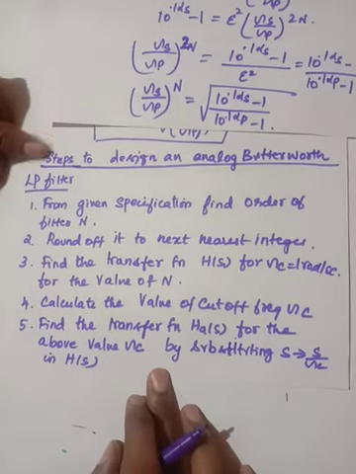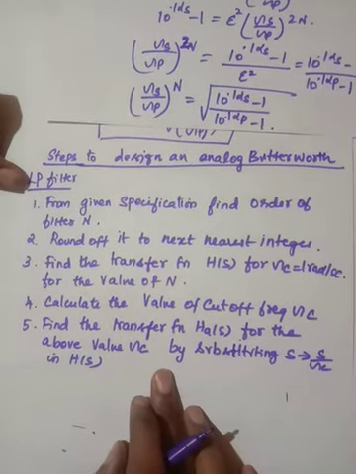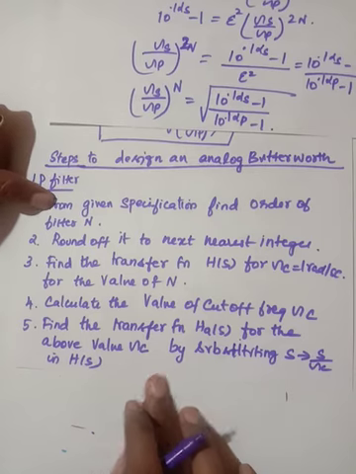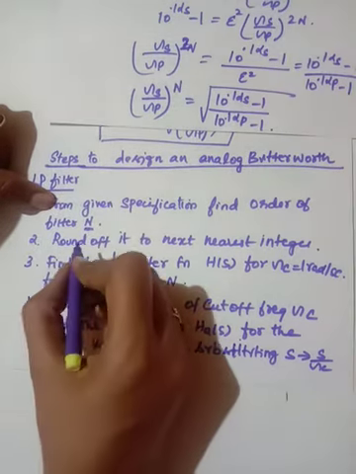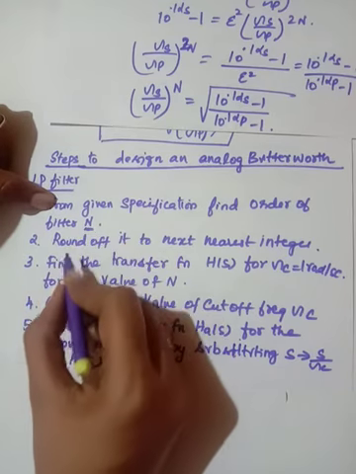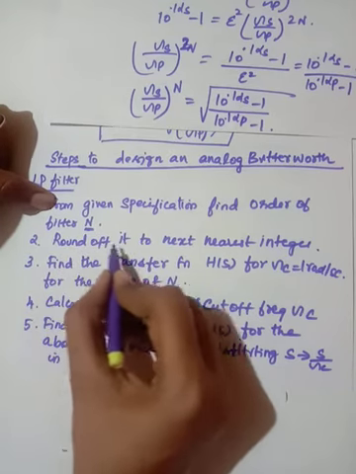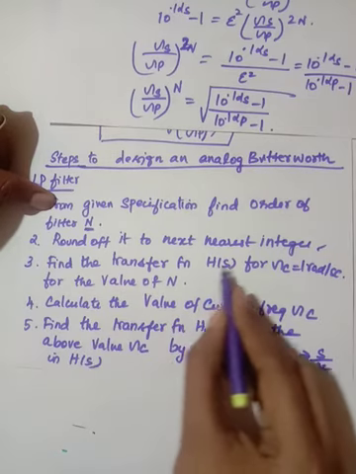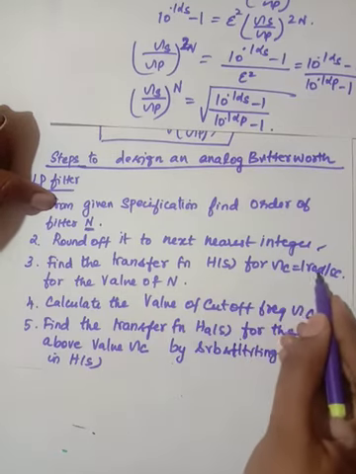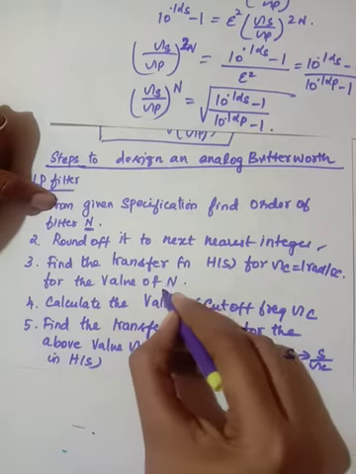Now these are the design steps to design an analog Butterworth filter. They will give the specification. From the specification we need to find the order of the filter n. Then we need to round it off to the next nearest integer. Then we find the transfer function H of s for omega c equal to 1 radian per second for that value of n.